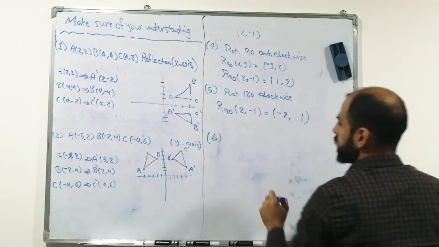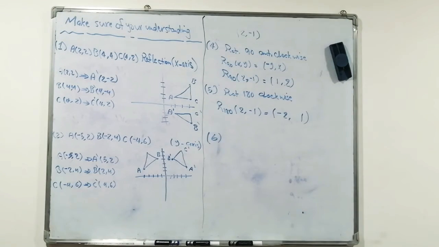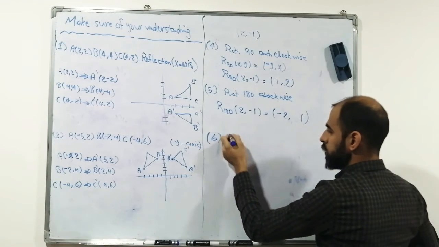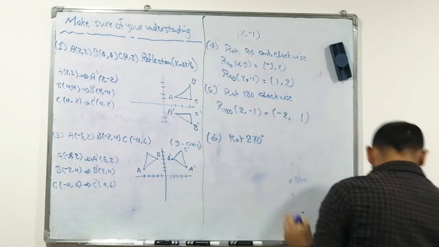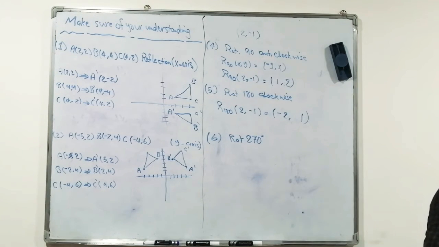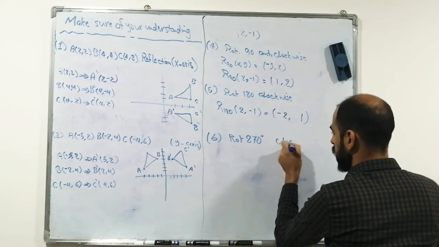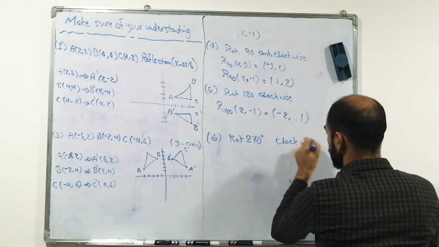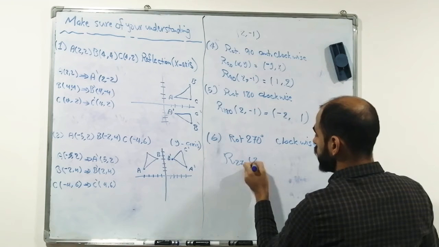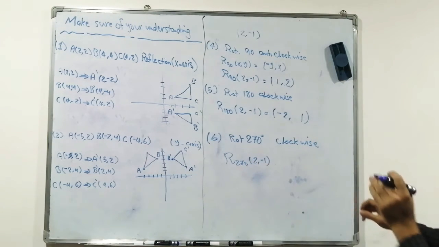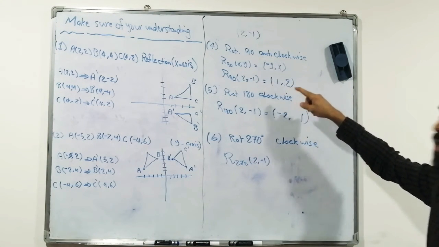Question number 6, for the same point (2, -1), we have to find the rotation 270 degree clockwise. Rotation 270 for the point (2, -1) is like the rotation 90.